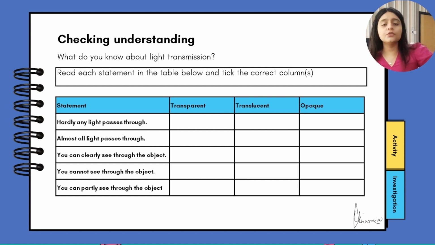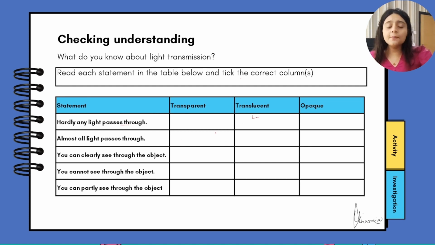So in this activity, you have to read each statement in the table below and tick the correct columns. Okay, so what is the statement? Hardly any light passes through. Which kind of objects transmit only some light? Yes, it's translucent.